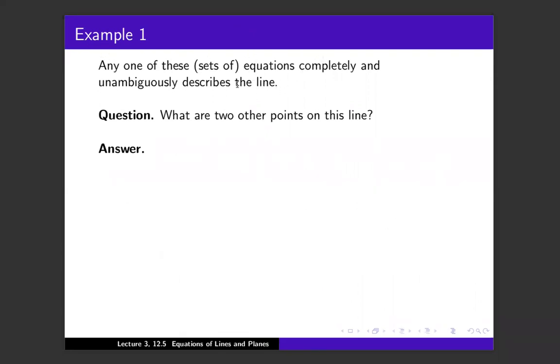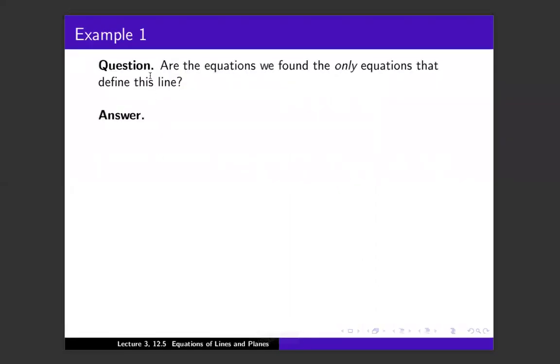Okay, so now are they the only equations that define this line? No, they're not. We saw that the point 6, 5, 1 is also going to be on the line.